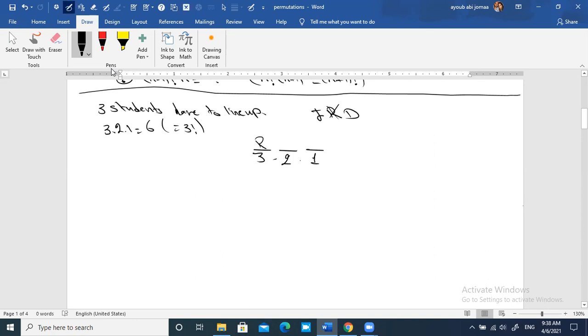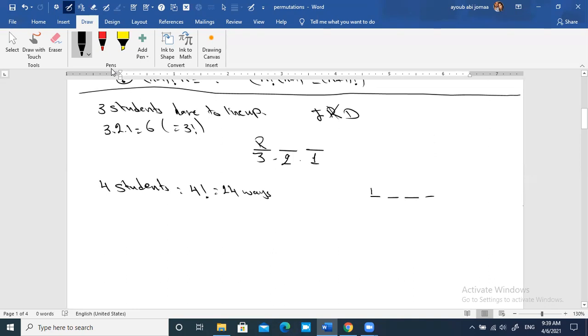If we have 4 students who have to line up, then the number of ways these 4 students can line up is 4 factorial, the 24 ways. Because we think about it the same way.